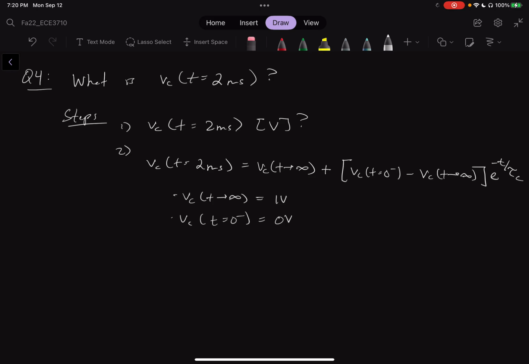And we got tau c to be equal to 0.01 seconds.